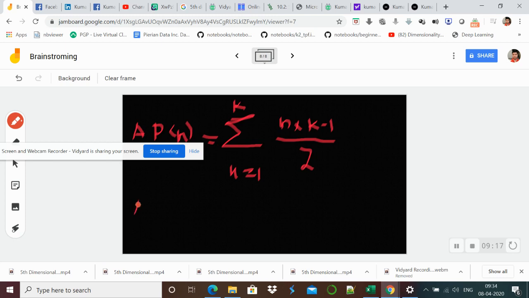If I take an example, the AP of the fifth dimension is also into first number plus last number.